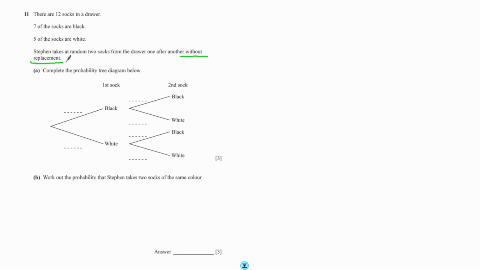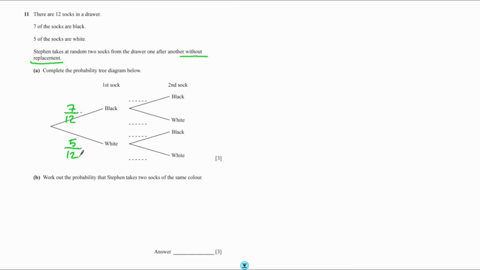The first time that Stefan takes a sock out of the drawer, there are 12 socks in the drawer, 7 of them black and 5 of them white. So the probability of it being black is 7 over 12, and the probability of it being white is 5 over 12. Now we come to the top branch first.